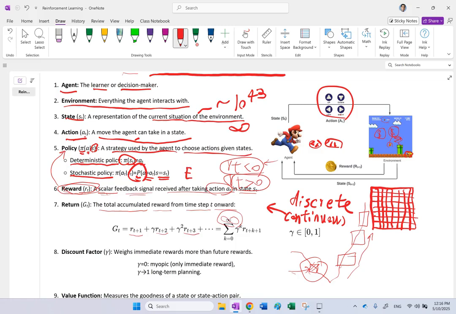But what you do is, the reward that you get right away after taking an action is not going to be counted the same as the one that you get 2 time steps from now, or the one that is taken in 3 time steps, or the one that is taken in 10 time steps.